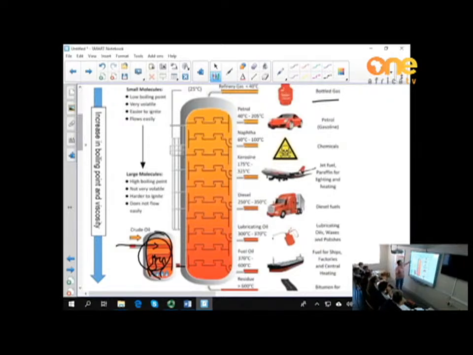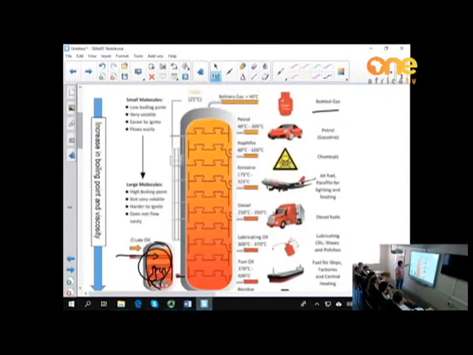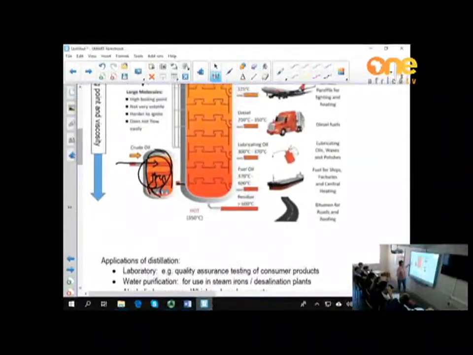Okay, so in the fractioning column, what is very important is the increase in boiling point. Those with the lowest boiling points, in other words, those that are normally gases, will come off right at the top. Those with the higher boiling points come down at the bottom. Here you will see diesel, lubricating oil, fuel oil. And right at the bottom of the fractioning column, there's a residue containing, among other things, bitumen, and we use bitumen for building.